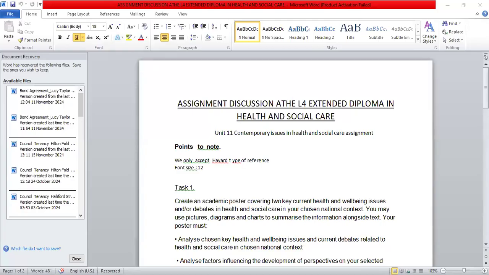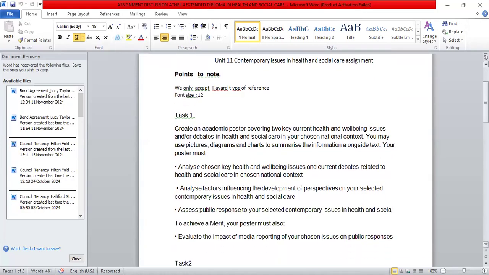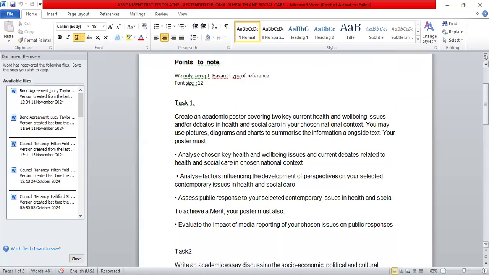So I was talking about task one, where I did mention scenario one, where we are tasked to analyze chosen key health and well-being issues and current debates, and also to analyze the factors influencing those developments and the debates as well.